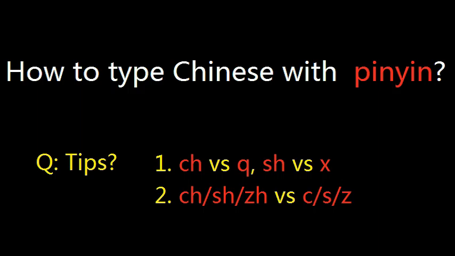If you type C, S, Z and cannot find the character you want, you just try the retroflex initial and see whether you get lucky, which means you just add another H behind that, becoming CH or SH or ZH.